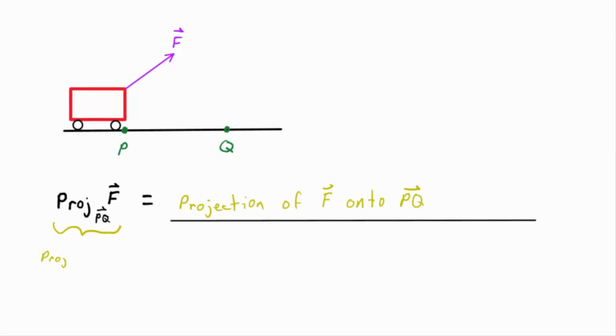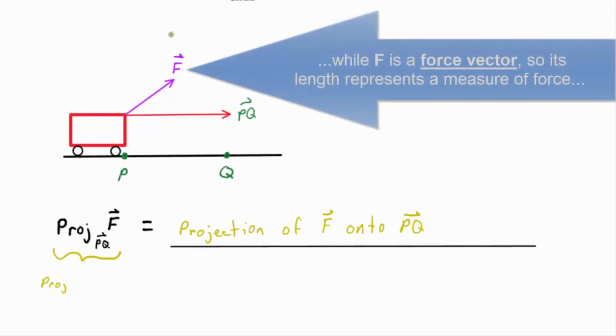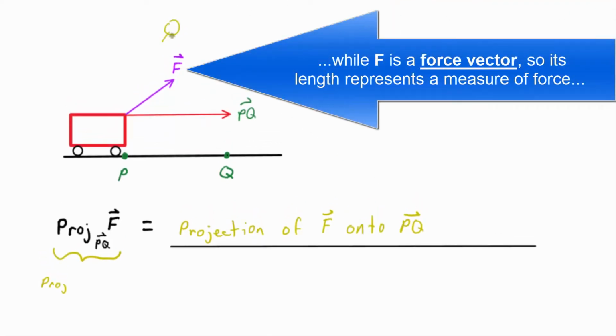What does that represent up here in my picture? Well, imagine putting a copy of PQ here. So this is vector PQ. Then imagine the sun is shining and it's a beautiful day. It's not today, but imagine it.